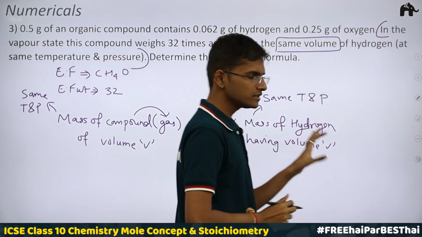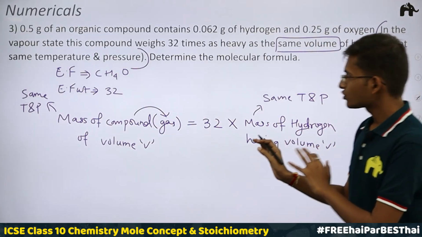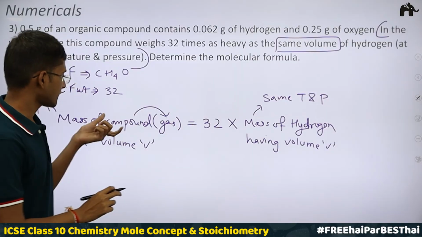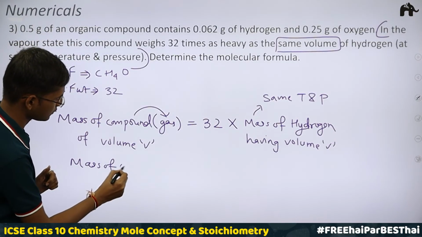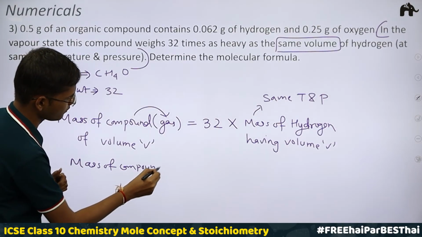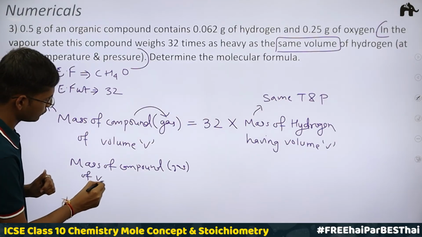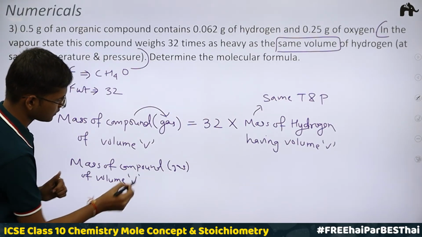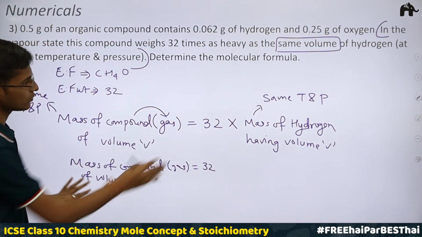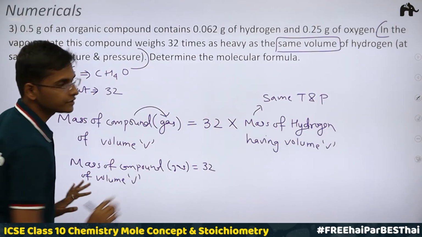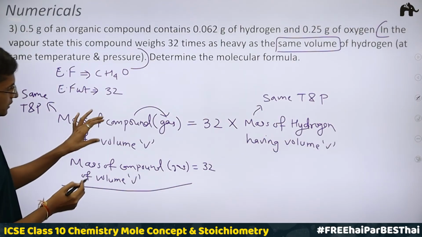Now can you figure out what we are actually trying to write down? Let's make it simpler. I would write again: mass of compound gas of volume V equals 32, but I would take this term below, its multiplication, into mass of hydrogen having volume V. So I would bring it here, below this term.